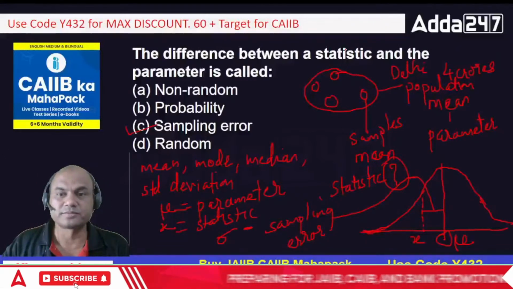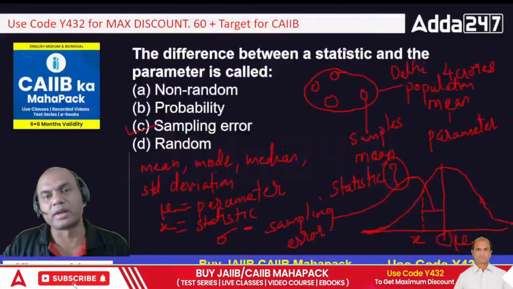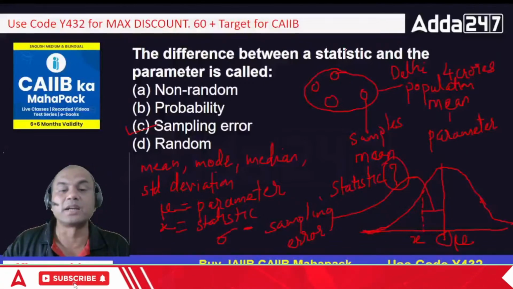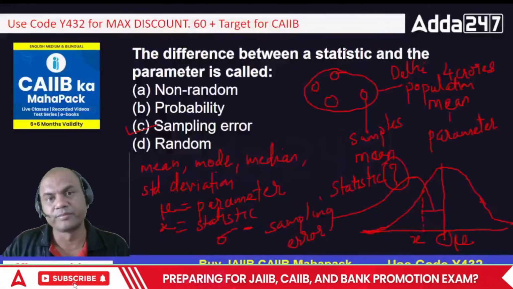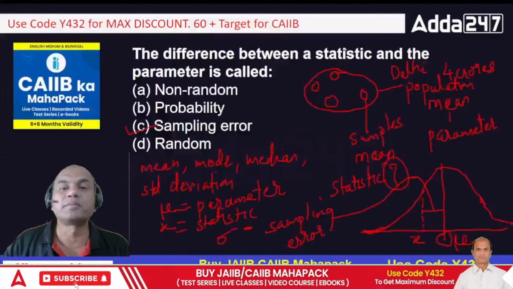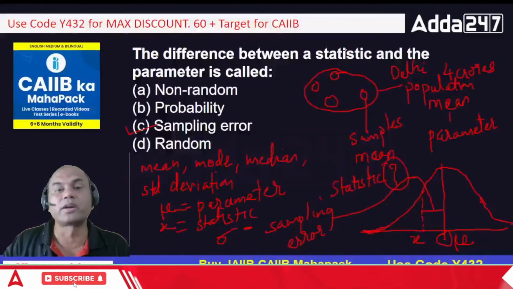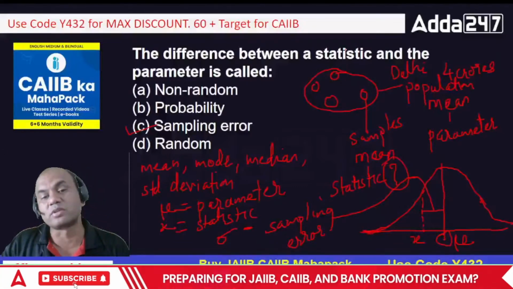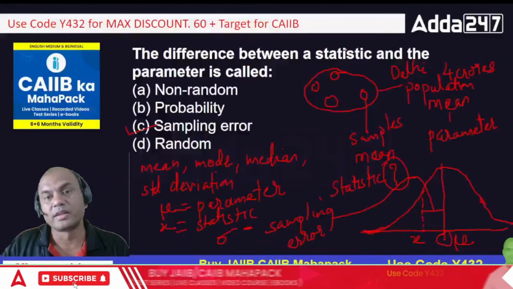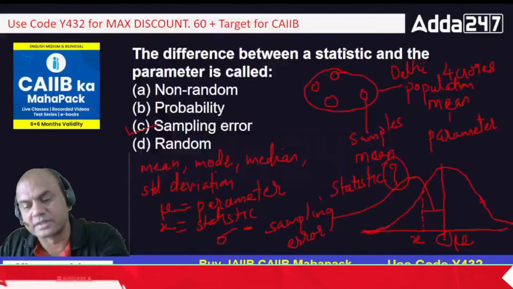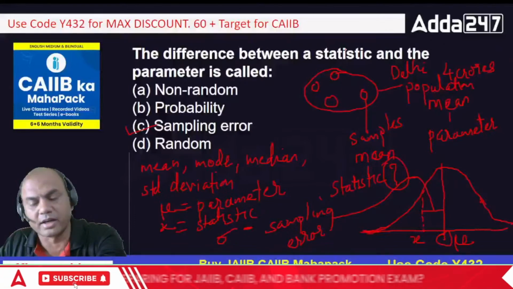Statistic or parameter? It is called statistic at that time. Got it? And suppose the parameter and statistic differ, they are not matching with each other, then the difference is called sampling error. Now you got it. Correct?